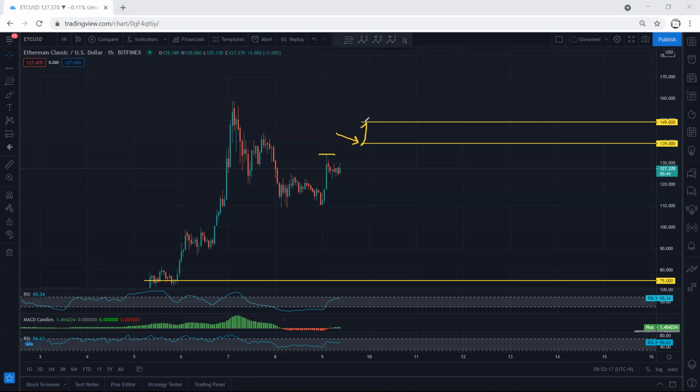After that, when the price tags 149, this is where I move my stop loss to 139, at least to book profit. As long as we have the trade, we need to see within this range, 139 to 149, whether there is a continuation or whether this can turn into a more complex correction.